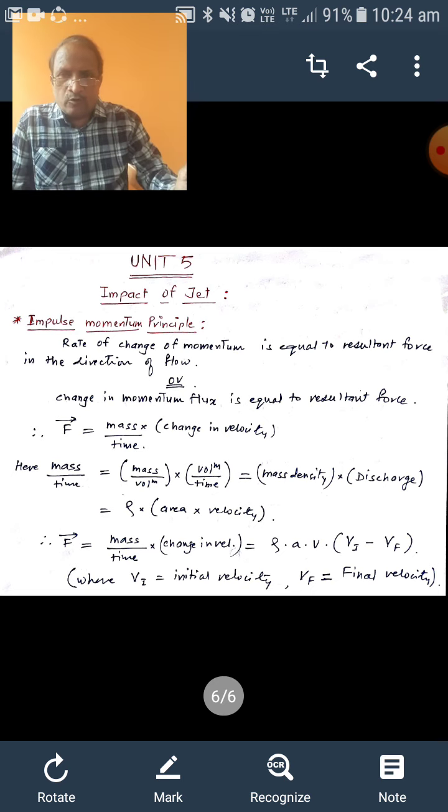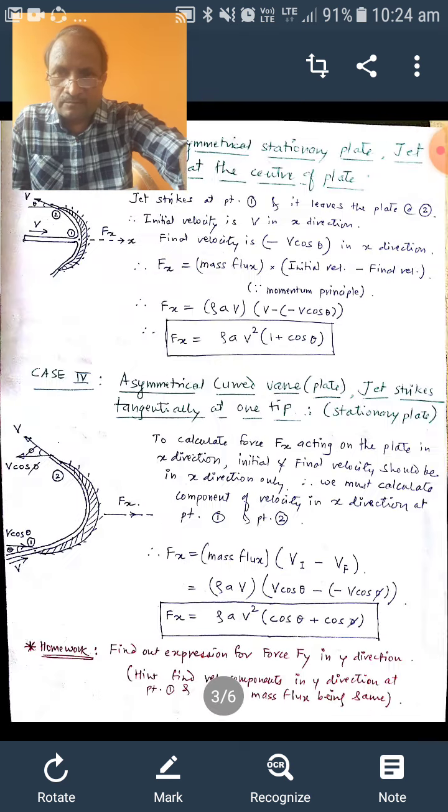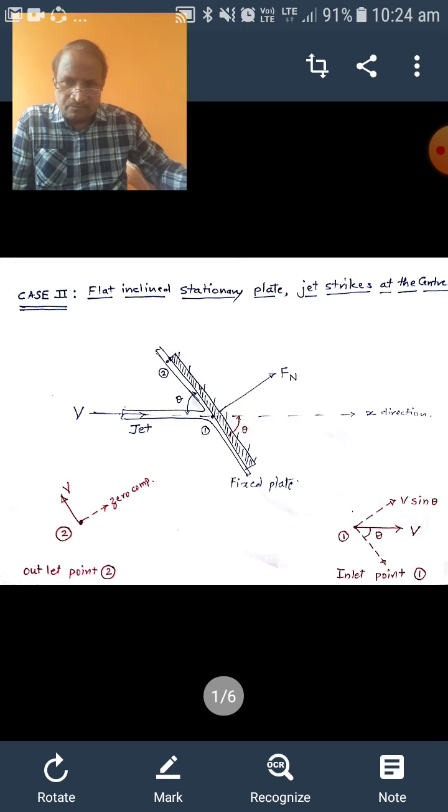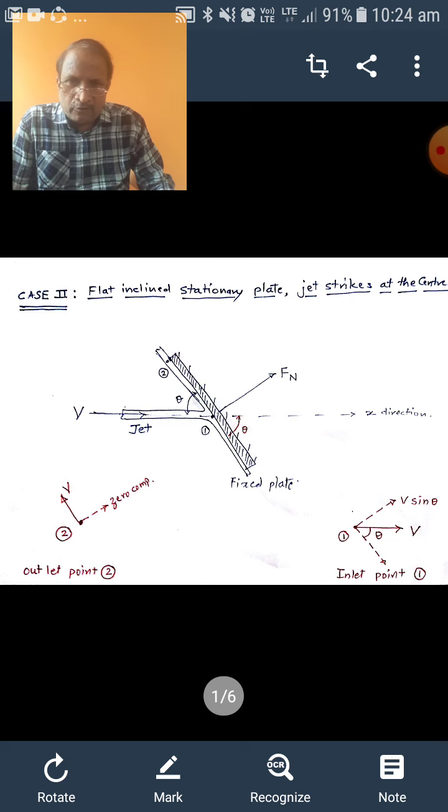Let us see. I'll go to the first slide of it. So you can see here I have shown a fixed plate, the hatched inclined fixed plate, which has angle theta with respect to horizontal. Where V is the jet velocity, let us take that jet velocity as x direction. Now if I want to find the force normal to the plate, that is Fn, you can see Fn is at 90 degrees to the plate.